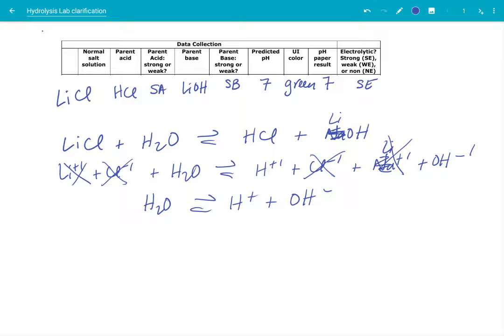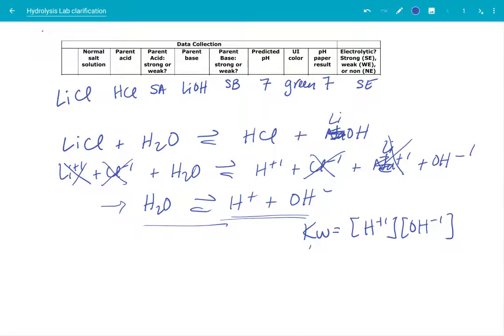If I'm to write a Ka, Kb, or Kw, this would be a Kw because this is for water. So it is a neutral solution of H plus times OH minus. Okay, so that's what I'm expecting for the post-lab question: this is your net ionic, and then notice the Kw statement at the end.